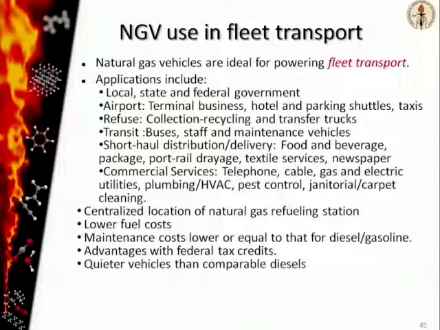The maintenance costs for natural gas vehicles are found to be lower or equal to that for diesel or gasoline. You also have advantages with getting federal tax credits, which reduce your initial investment costs of conversion from traditional fuels to natural gas. And at the end of the day, you also get quieter vehicles, which make less noise than comparable diesel engines.